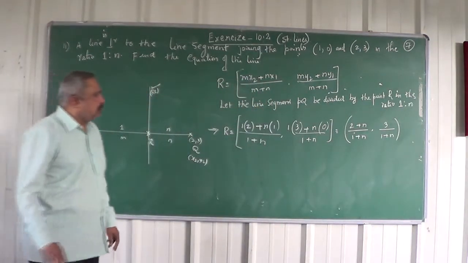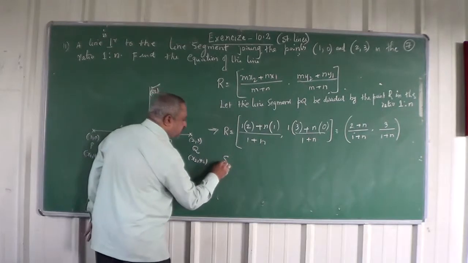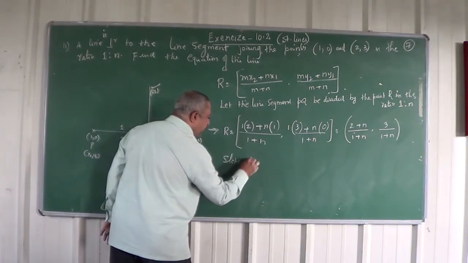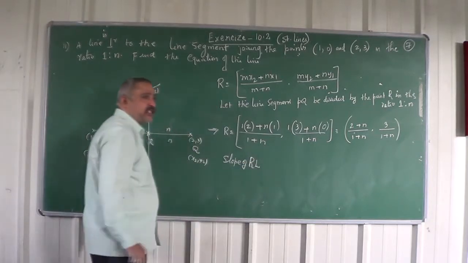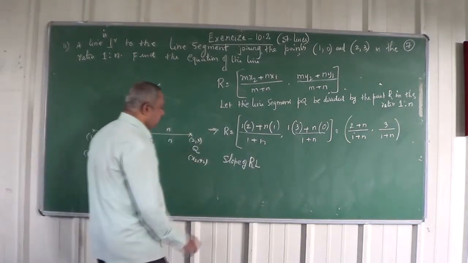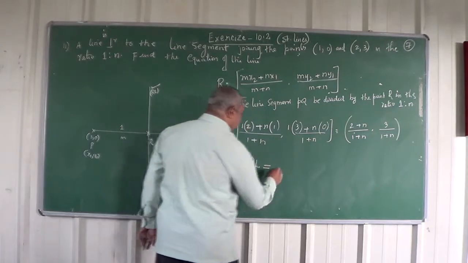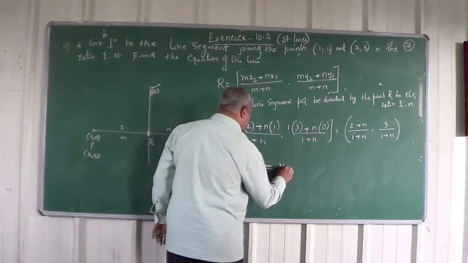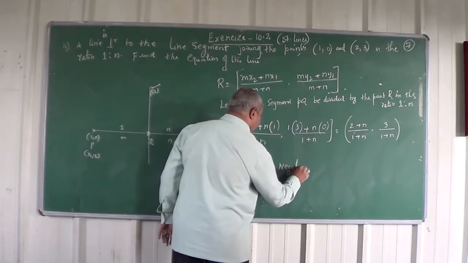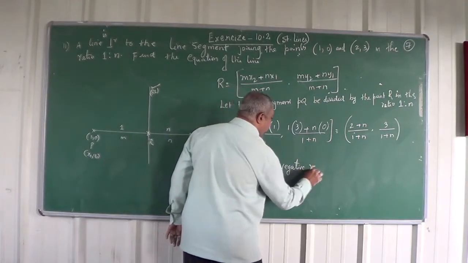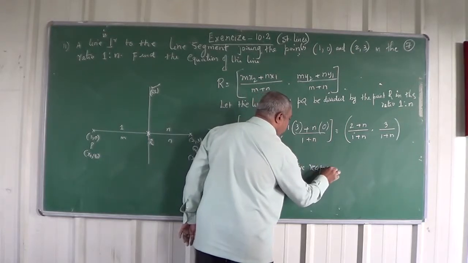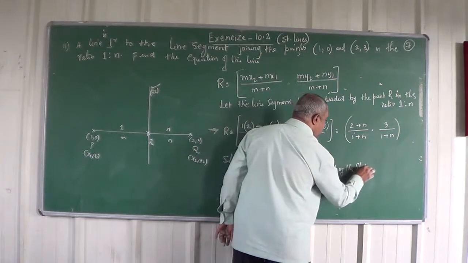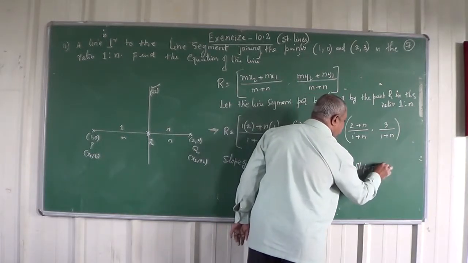So now, the slope of the required line, RL stands for required line, is equal to the negative reciprocal of the slope of the line segment.